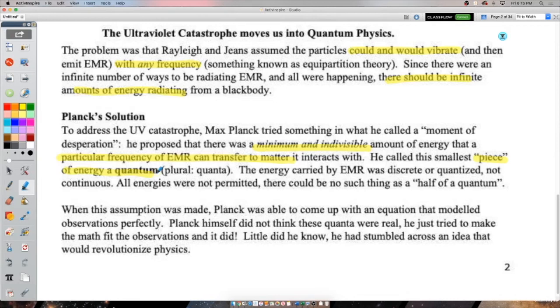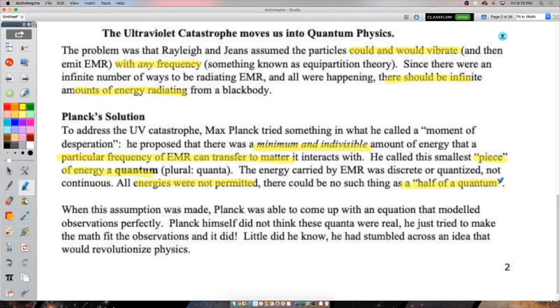There is a discrete amount, a minimum possible energy, that you can't say, well, it could have half of that. What he's saying is that there is some frequency you could come up with that I can't realistically say, well, what about half of that? Okay. All energies were not permitted. There could be no such thing as half of a quantum for a given frequency. That was the minimum amount it could take.